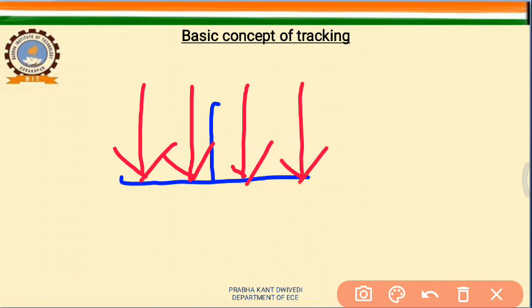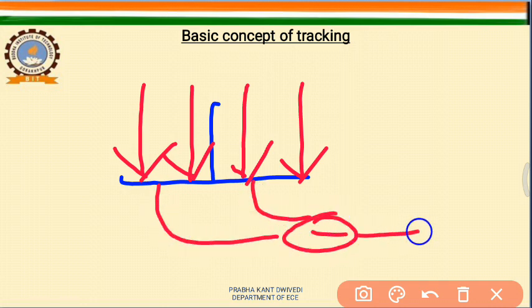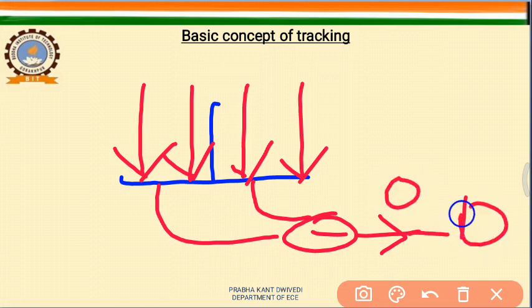When the cell is directly in front of the sun, both regions will receive the same amount of energy and generate the same amount of current, and the difference of this current will become zero, so the controller will receive no current. Due to this, the motor will stop rotation and the panel will be stopped right in front of the sun. In this way, the tracking system works.